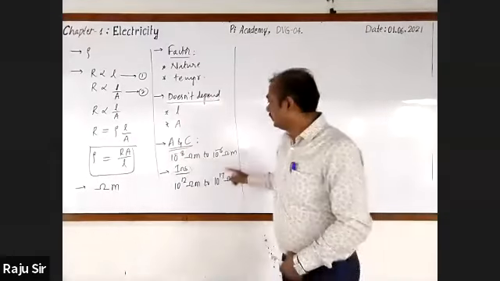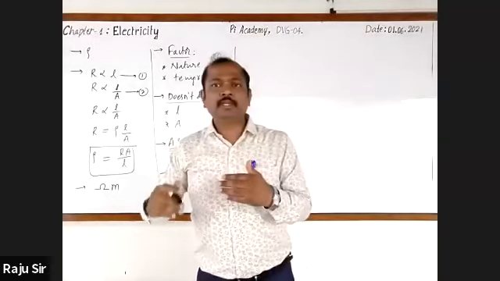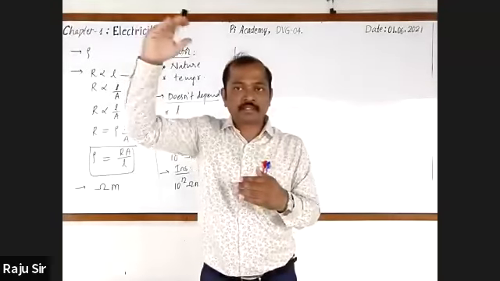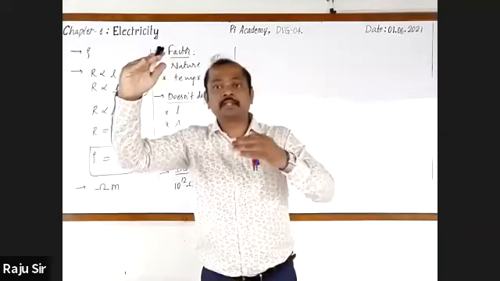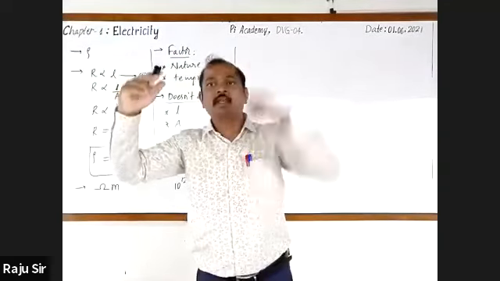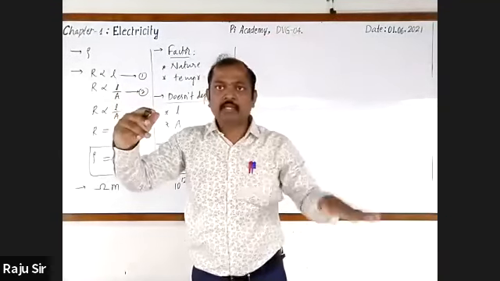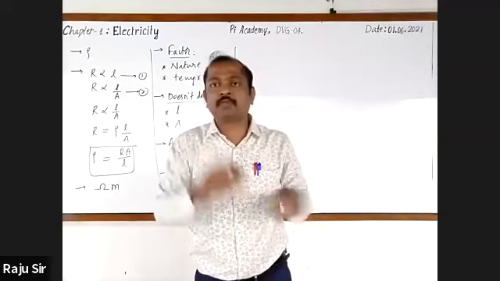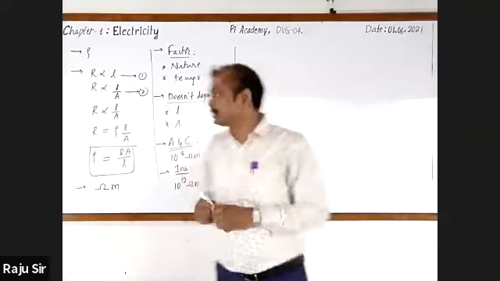And as the resistivity of a conductor increases, electric resistance also increases. As the electric resistance increases, current decreases because there is more opposition for the flow of electrons. Hope that you have understood.